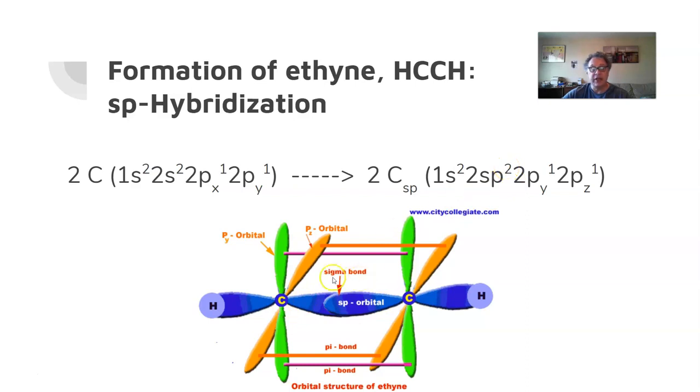And then you have the pz orbitals, which overlap with 1 electron each to form 1 pi bond, and the py orbitals overlap with 1 electron each to form the 2nd pi bond. So a triple bond is comprised of 1 sigma bond, carbon sp, and 2 pi bonds, carbon pz, and carbon py.